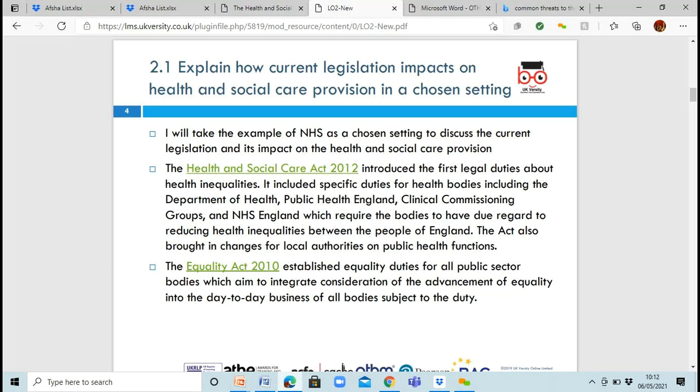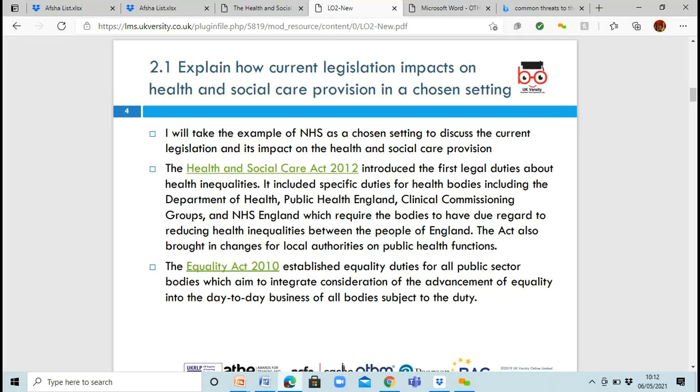Now we go on to the Equality Act of 2010. This is a very important act. It established equality duties for all of the public sector, and its aim is to integrate every diversity, every culture within healthcare, to take into consideration all different types of people, just to make sure that everybody's needs and requirements are being met, so that there's equality in day-to-day business.